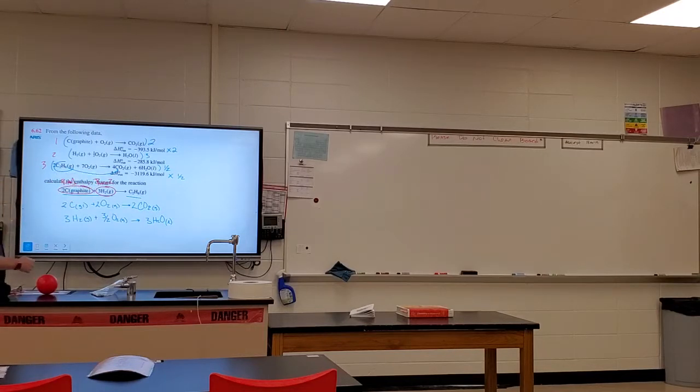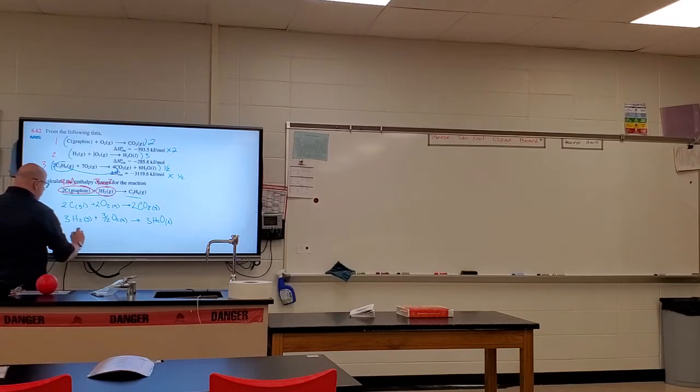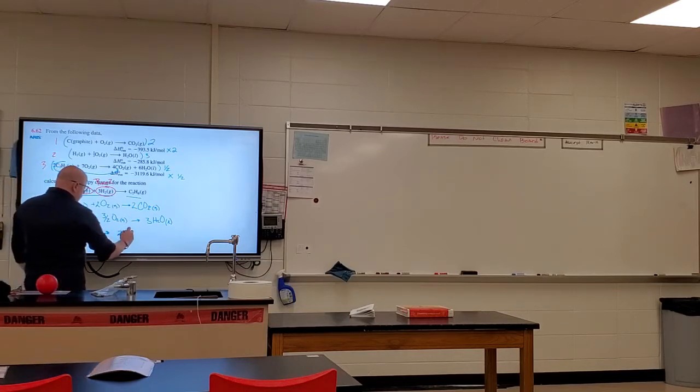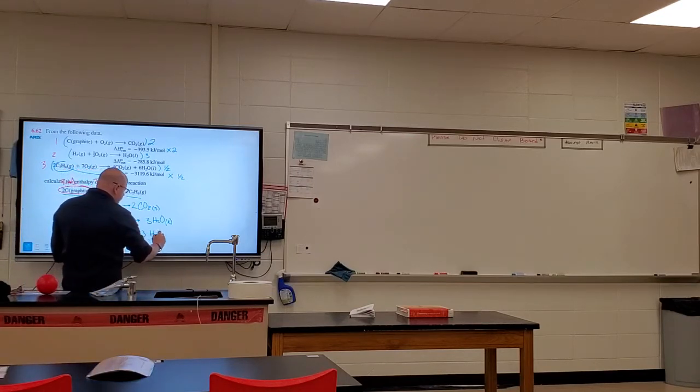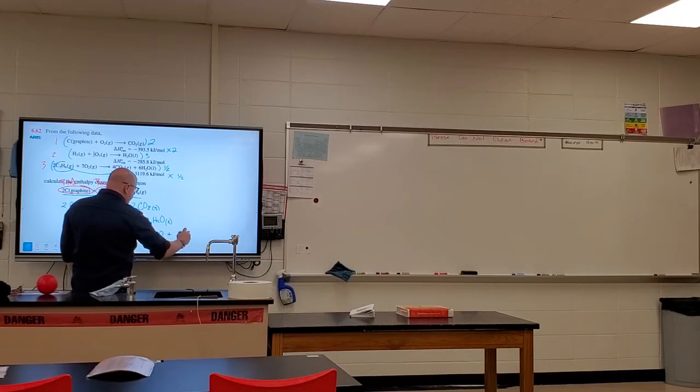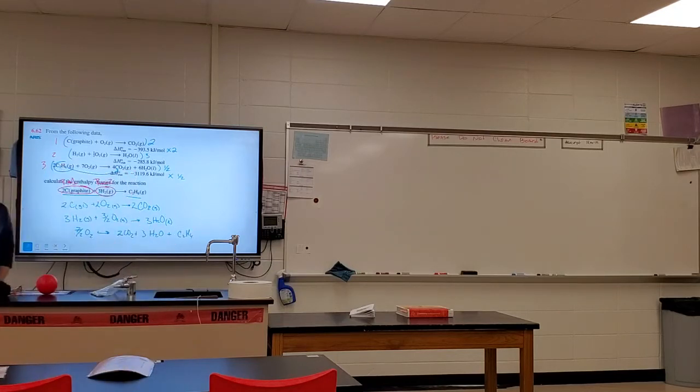If you moved it to the other side, your equation would be 7/2 O2 producing 2 CO2, 3 H2Os, and a C2H6. That makes no sense. That equation is no longer balanced. You have to balance it again.